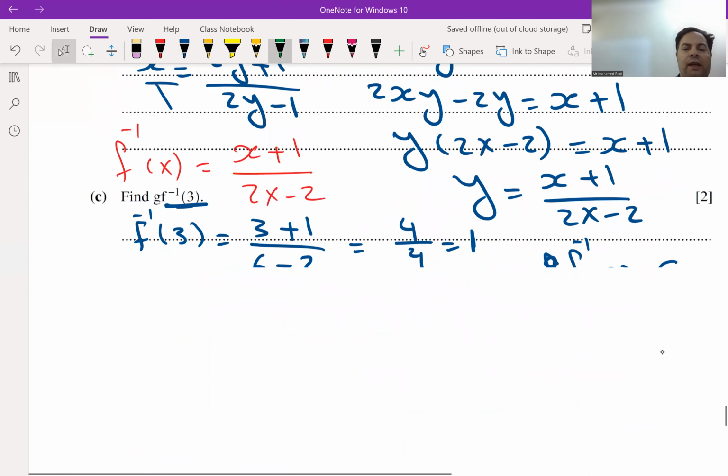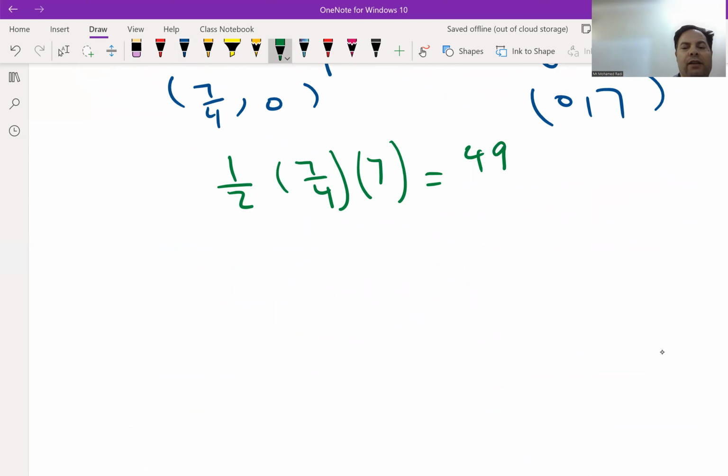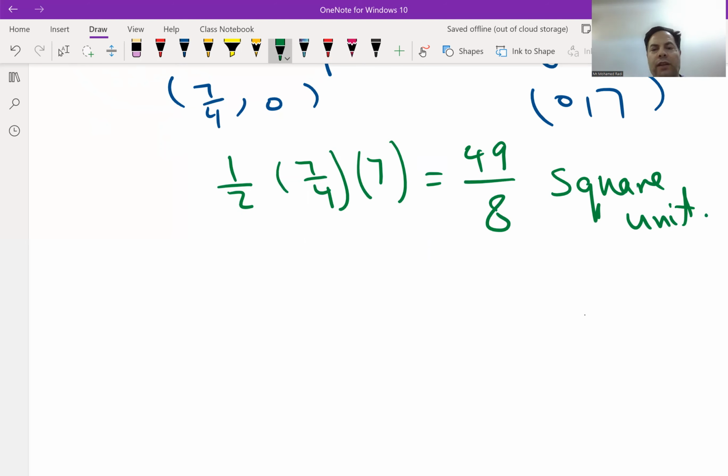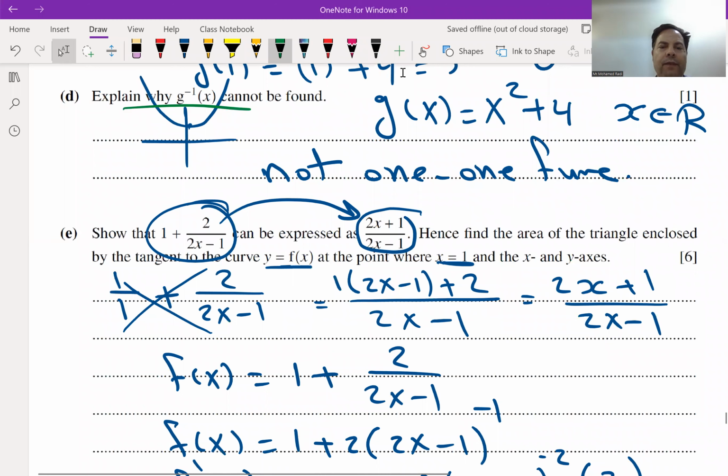So the final answer would be 49 divided by 8 square units. This is the area of the triangle which is between the tangent, x-axis and y-axis. This is part A. Okay, thank you.